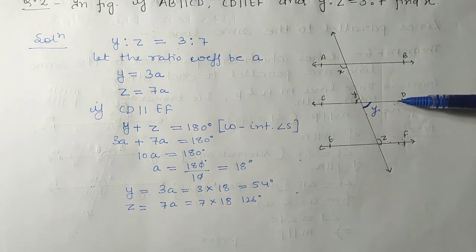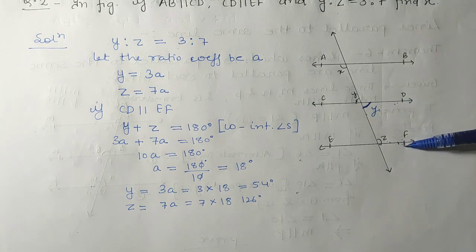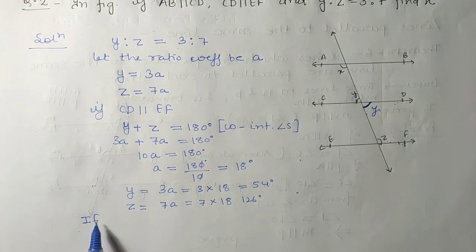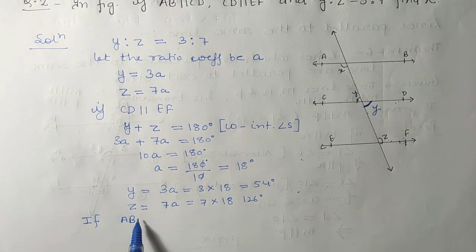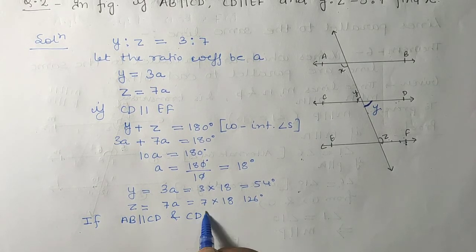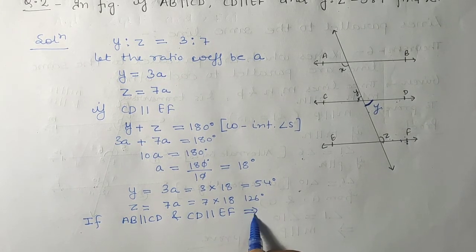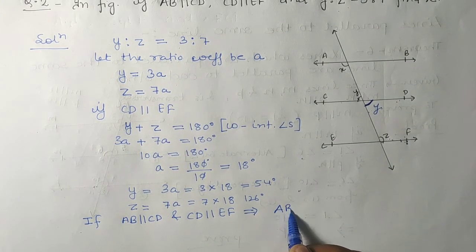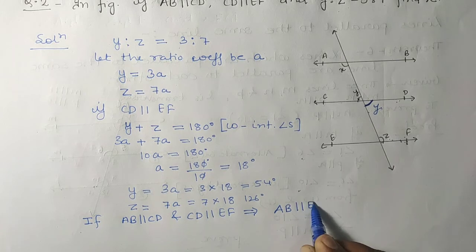So here AB is parallel to CD, CD is parallel to EF, so if AB is parallel to CD and CD is parallel to EF, this will imply that AB is parallel to EF.